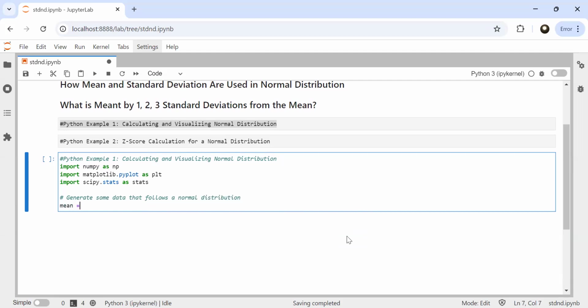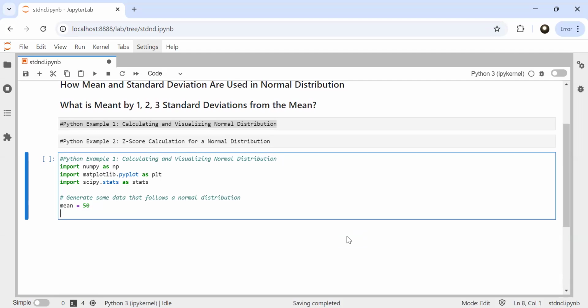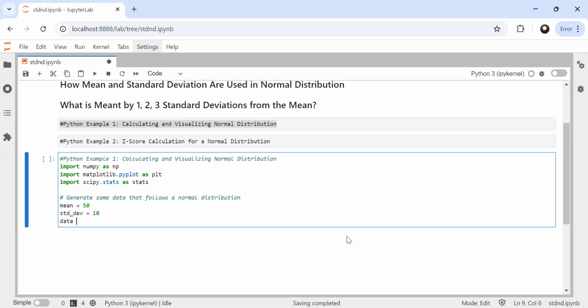So let us take mean as 50 and standard deviation as, let's say, 10, and data equals np.random.normal, and we have to pass the mean and standard deviation.